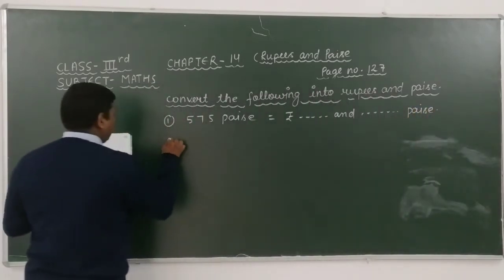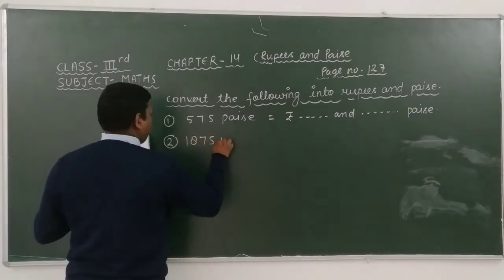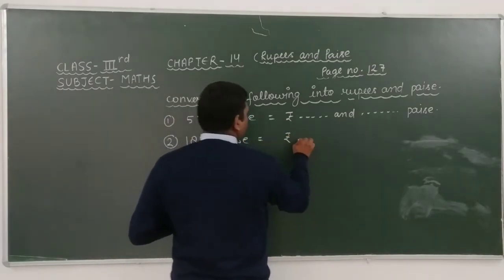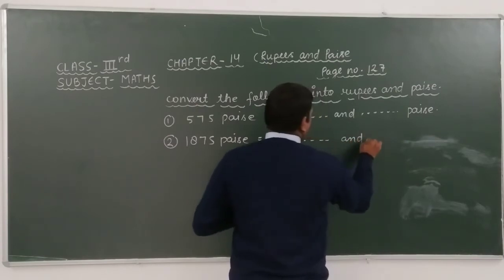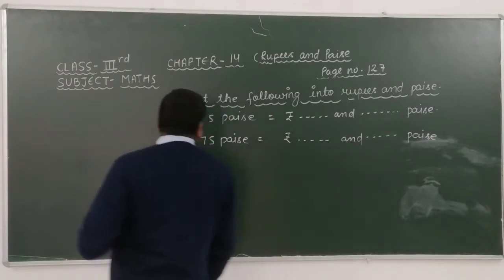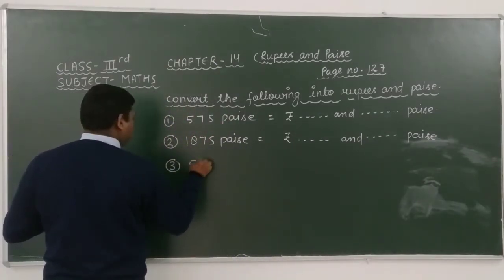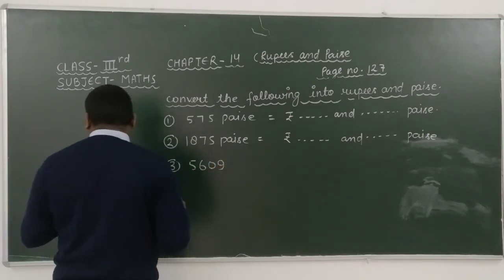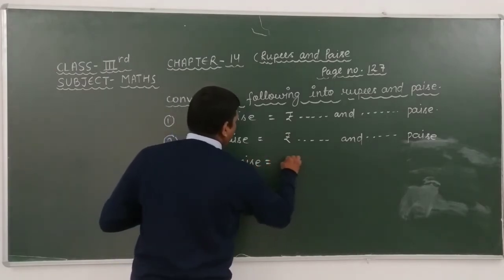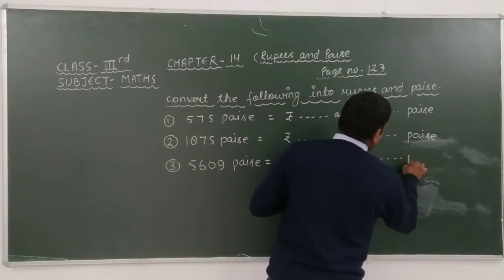Similarly, in question number 2, it is given 1875 paise is equal to rupees dash and dash paise. In question number 3, it is given that 5609 paise is equal to rupees dash and dash paise.